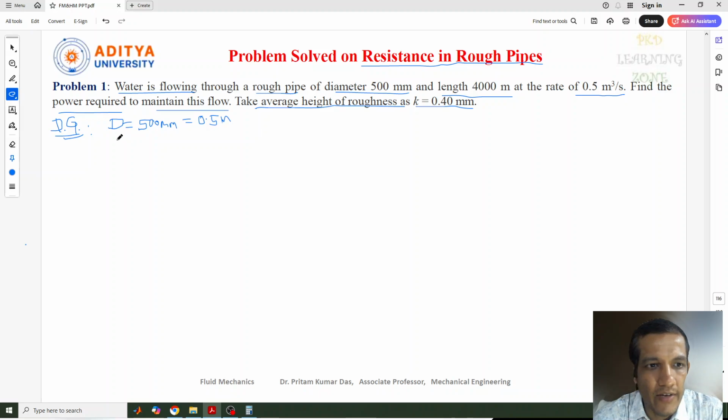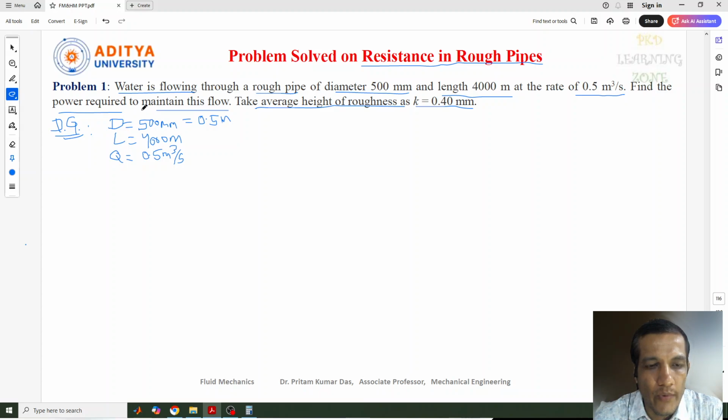The length L is given in meters, so no need to change any unit: 4000 meter. The rate of flow is nothing but discharge, so discharge is 0.5 meter cube per second.